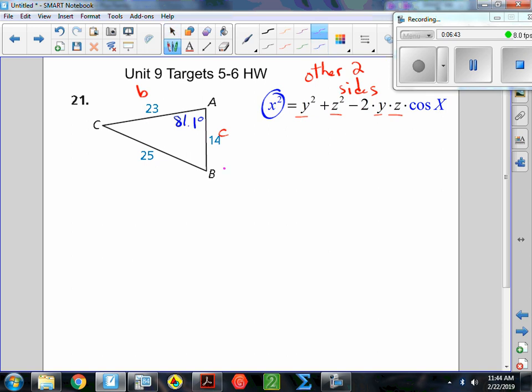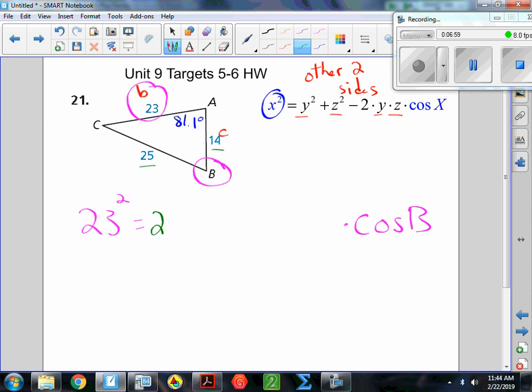To find B, I'm going to work with angle B and side B. So I start with 23 squared equals, and I end with times cosine of B. Then I use the other numbers, the 25 and the 14. So that equals 25 squared plus 14 squared minus 2 times 25 times 14 cosine B.